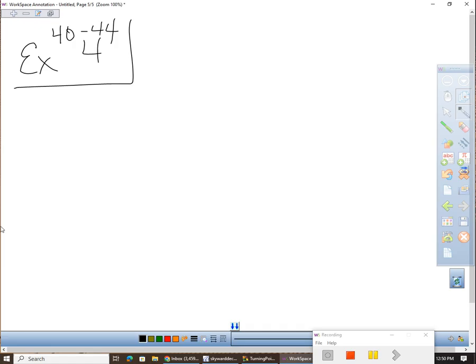So let's say I have log base 2 of 5 minus log base 2 of 2x equals 4.